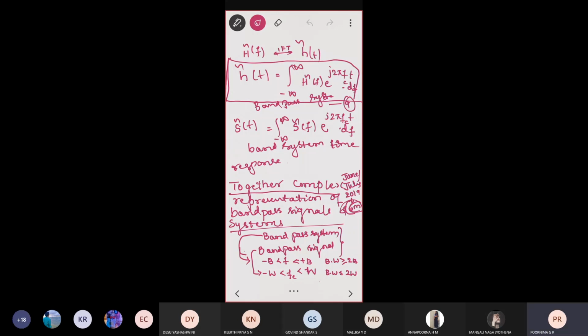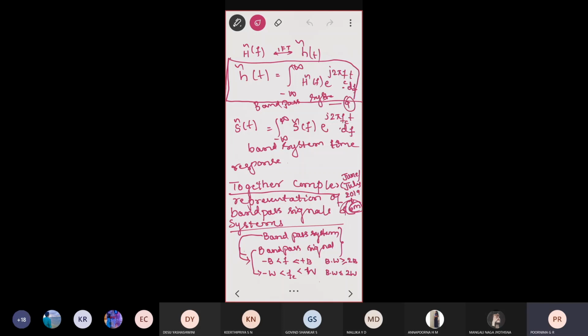When a bandpass signal is passed to such a system, there are two types of signals we have considered, a narrowband signal and a wideband bandpass signal. The narrowband signal we consider here has bandwidth limited between minus W to plus W, centered at center frequency fc.